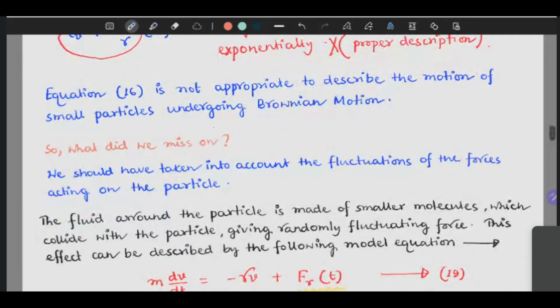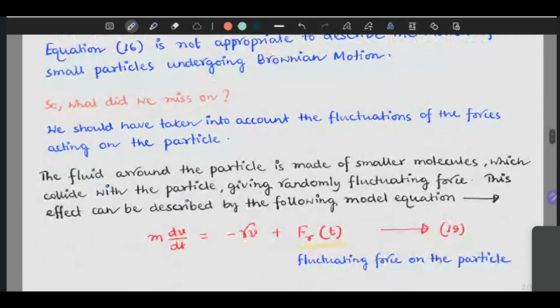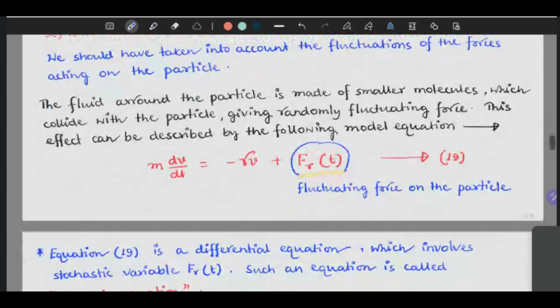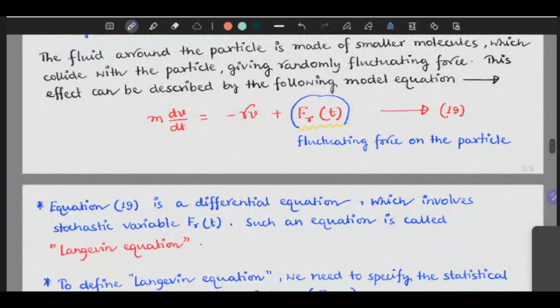So now we remodel the equation of motion as m dv/dt, and we introduce a certain term which is a fluctuating force. In this quantity we have accounted for all the collision forces coming from the constituent fluid molecules.